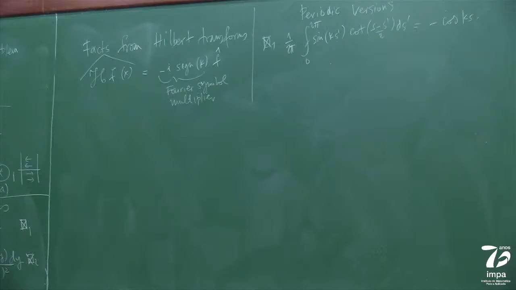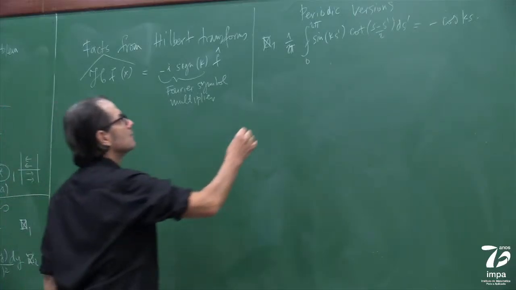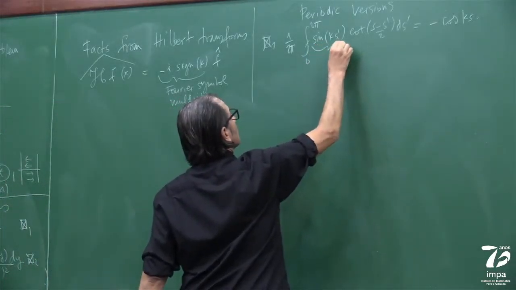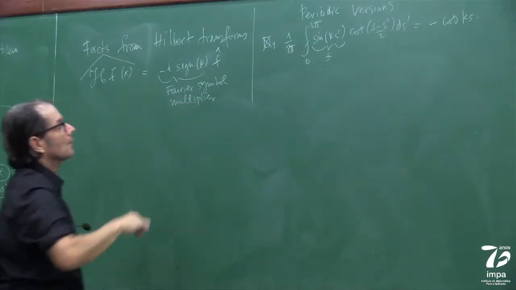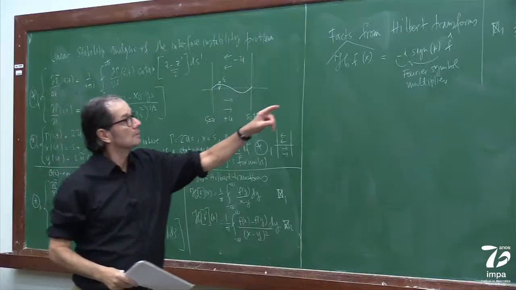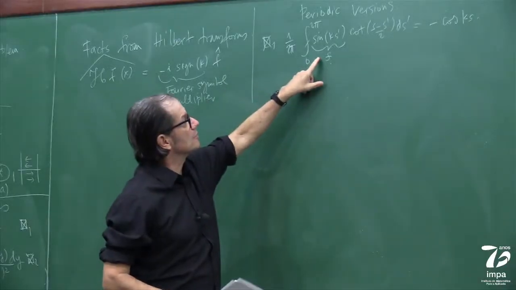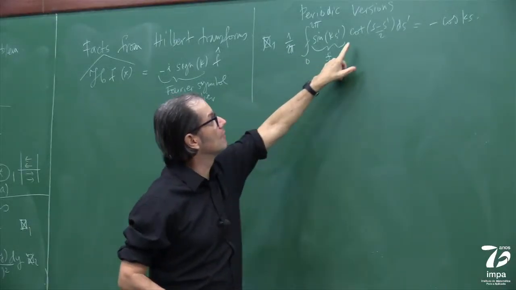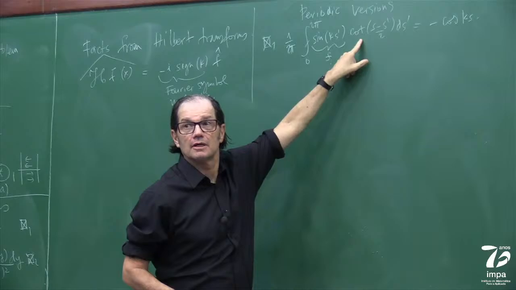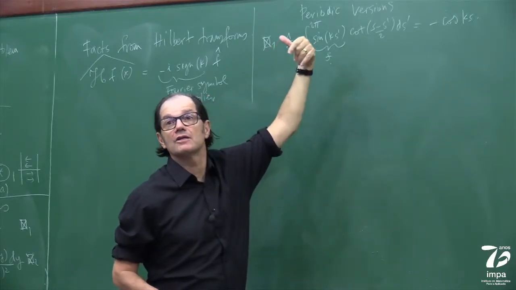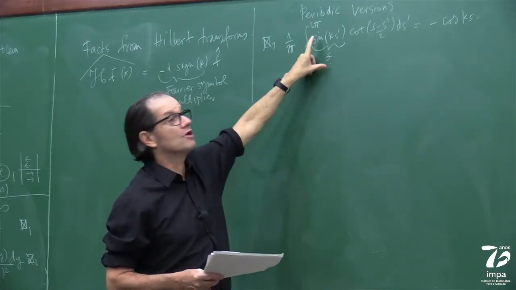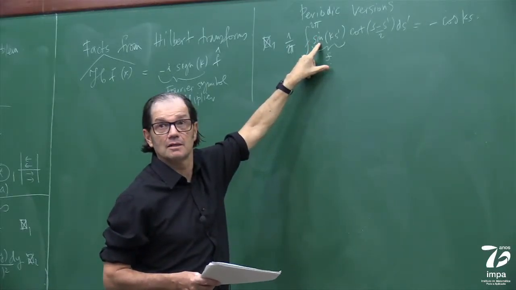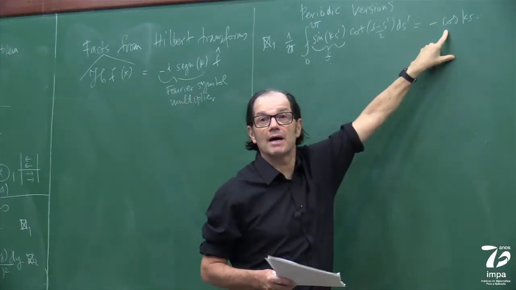So what do I mean here? This is playing the role of, I call it F. So this is the Hilbert transform of F in the periodic case. And I'm already giving you another result: if F is a Fourier mode sine, it gives me back minus cosine.